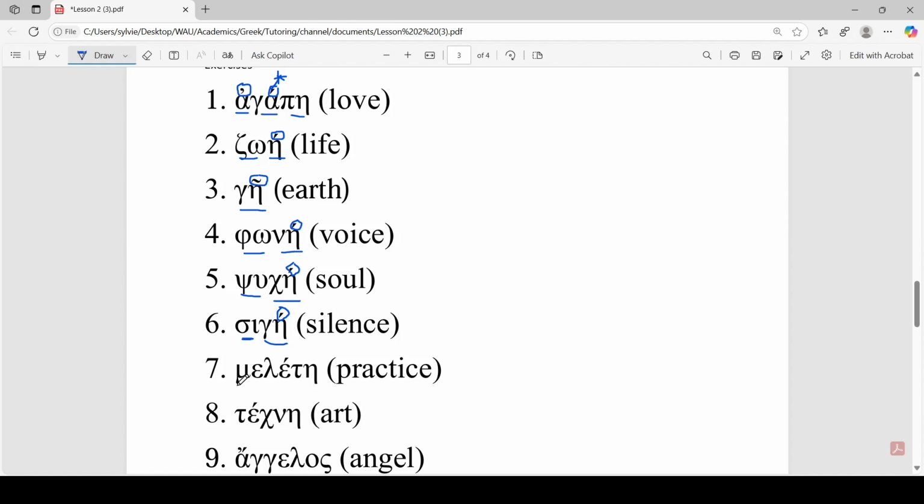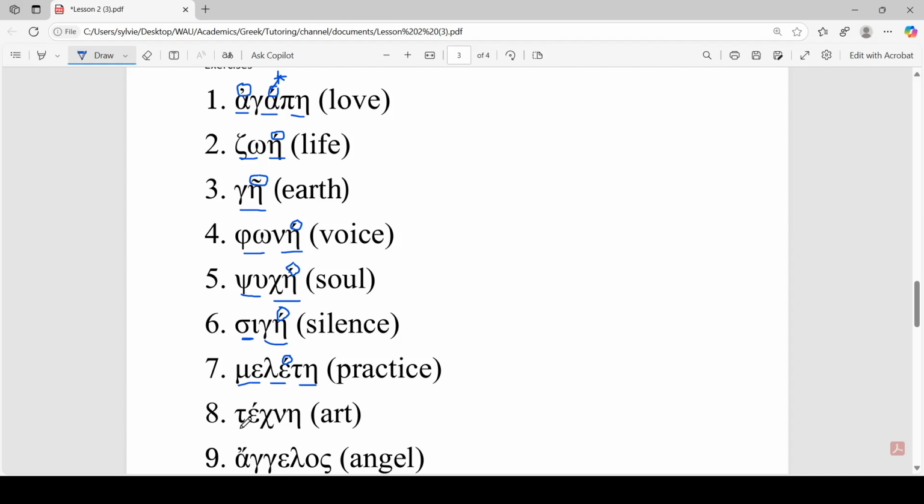How many syllables do we have? We have three syllables. Me, le, te. Since we have an acute accent over the middle syllable, this is the accented syllable. The right pronunciation of this word would be then melete, melete. It means practice.